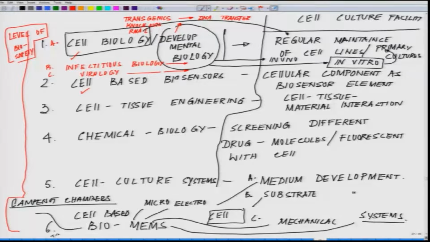That demands a different level of precautions, because the very moment you are handling DNA material or any kind of genetic material, there are certain rules and regulations, the law of the land.